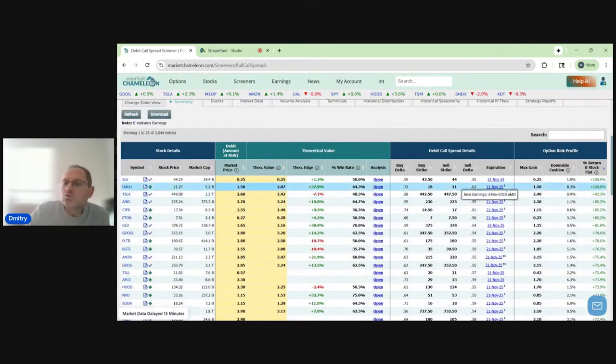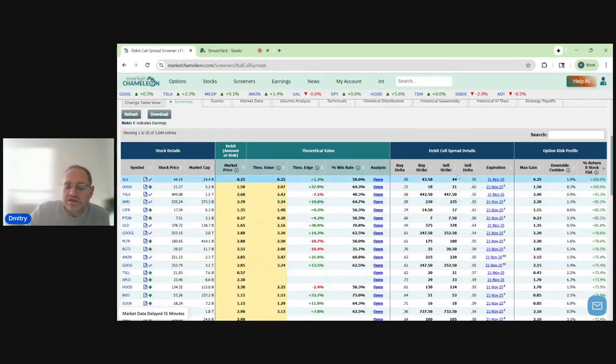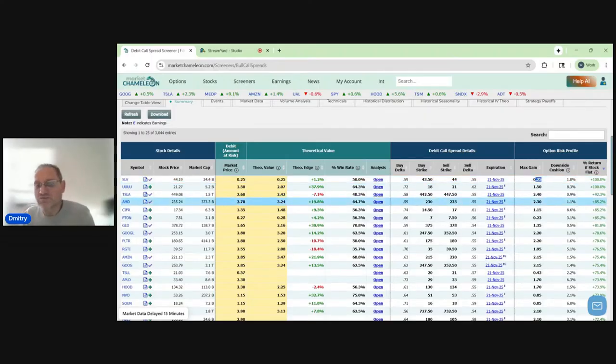Then we could sort by any of these columns, and sometimes you have a potential, here's a 25-cent call spread that could be worth 50 cents. So that would be 100% return, right? You risk 25 cents to make 25 cents.